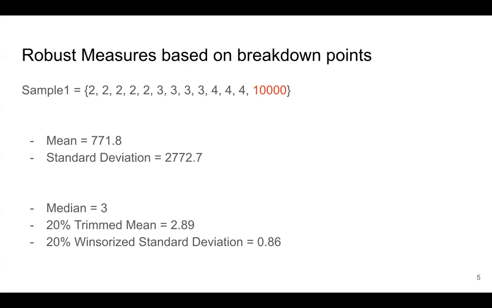It's 2.89 because it's 20% trimmed, and the breakdown point is 0.2. The 20% Windsor standard deviation is 0.86. Compared to the sample standard deviation, 2,772, the 20% Windsor standard deviation, 0.86, looks a lot more reliable.